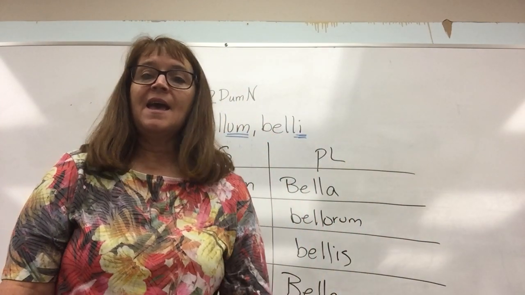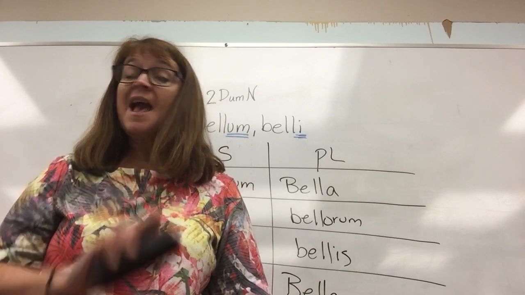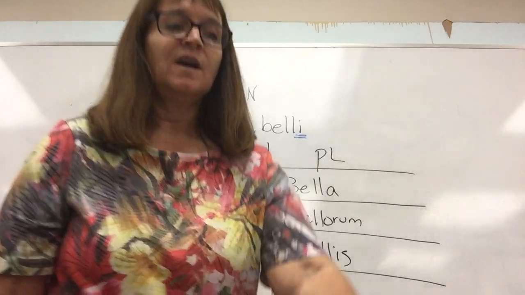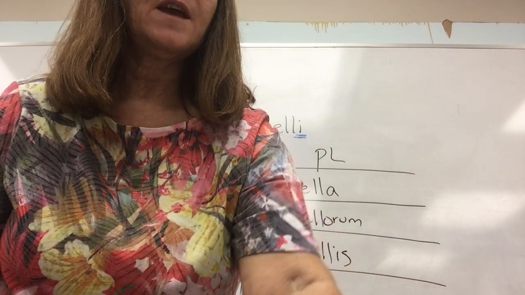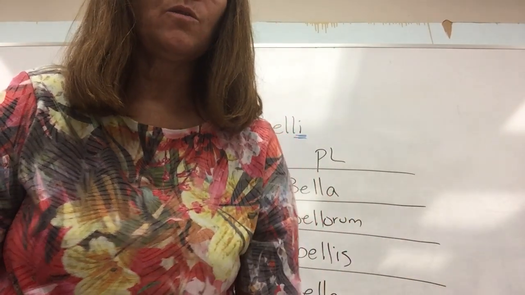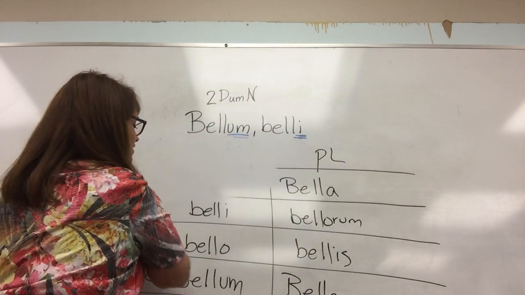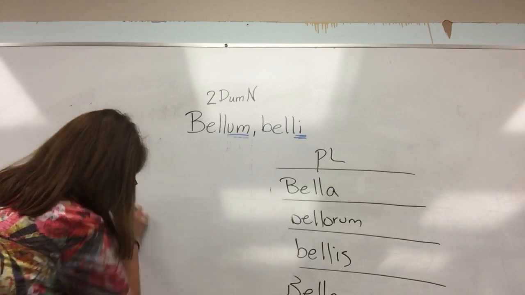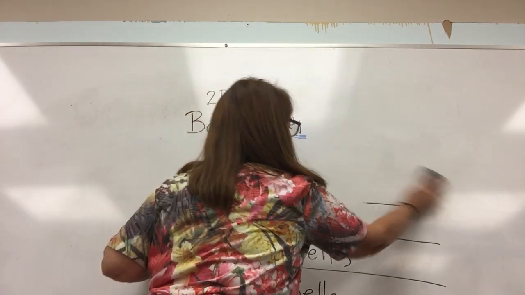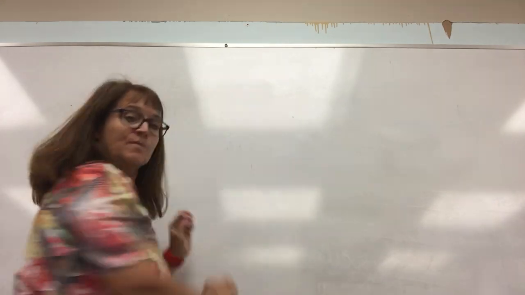Okay, and we've been working that, so I don't think there's anything new there that you have to do except for these new neuter nouns. So with the time that we have left, I would like to correct exercise 13. So take out for me exercise 13, and let's go over some of the sentences and how you translated them, and maybe I can answer some questions for you about them.